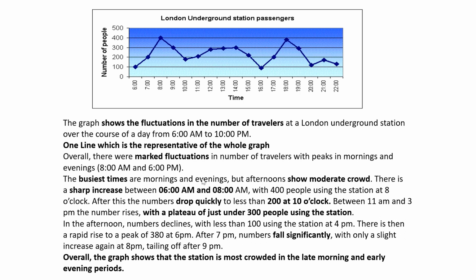So if you look at this particular graph, here I can see London Underground Station passengers. So this corresponds to the number of passengers at London Underground Station. And the timeline is given from 6 a.m. to 10 p.m., which means from morning 6 a.m. to 10 p.m. How many passengers were there in the London Underground Station?